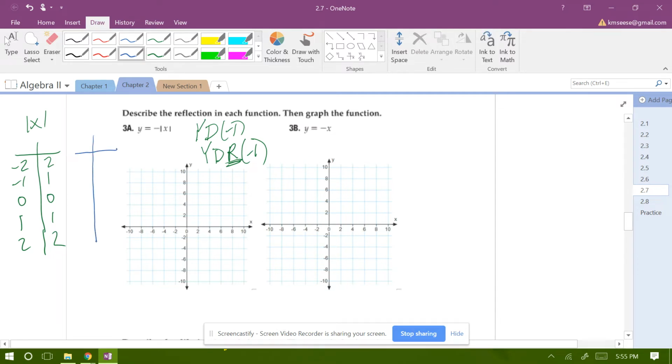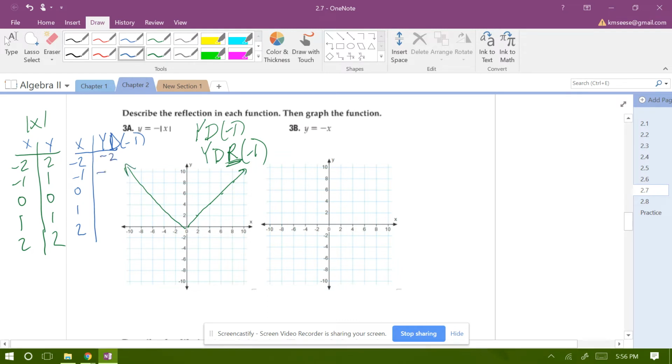So I can take my x values here, and I can just multiply my y values by -1. So if you were to graph the original, and then look at this, well, what's going to change?